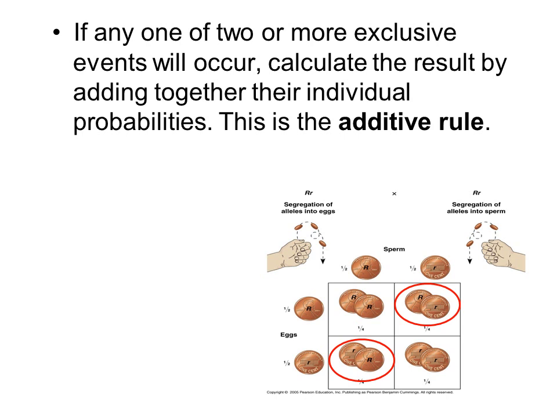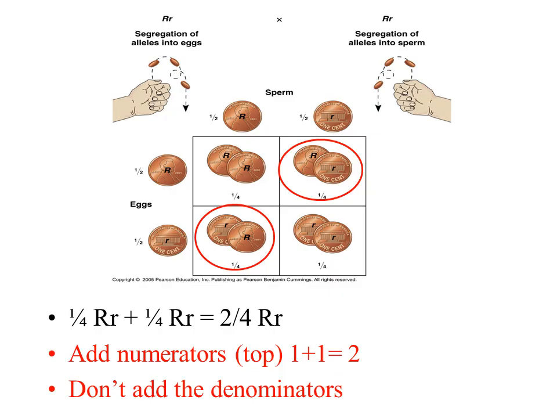You could do the cross to obtain the answer, or you can use the additive rule. How do you use the additive rule? There's a 1/4 chance that you'll get a big R, little r, or a heterozygous individual.